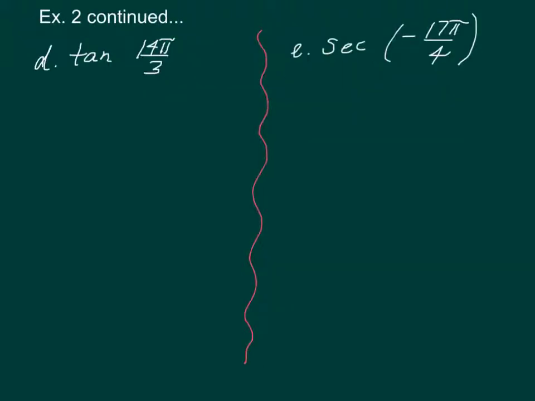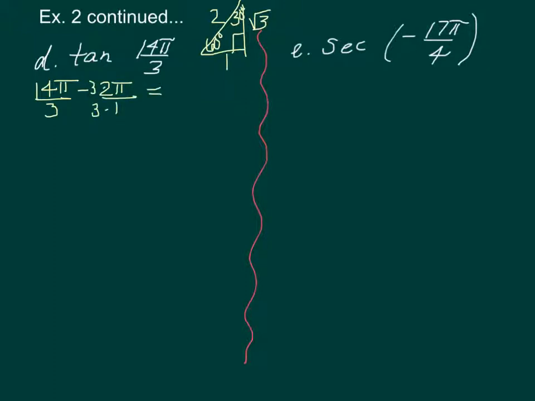All right, 2D. 14 pi over 3. Let me draw the triangle so we'll already have it. 60, 30, 1, radical 3, 2. 14 pi over 3 is larger than 2 pi, so I'm going to try to find the coterminal angle.